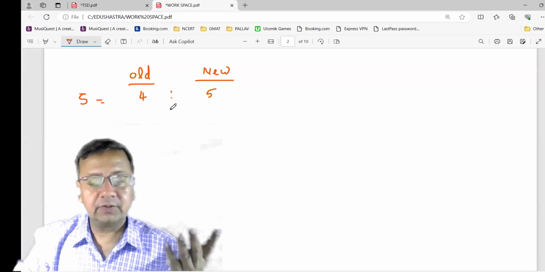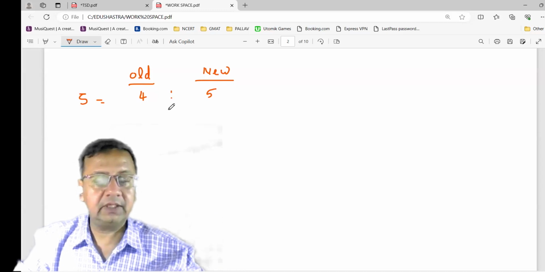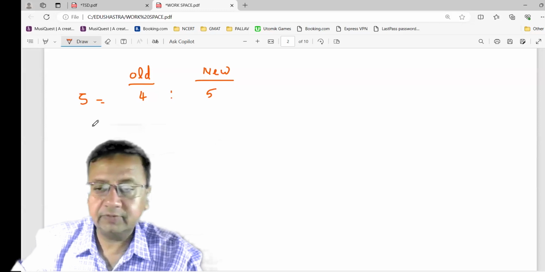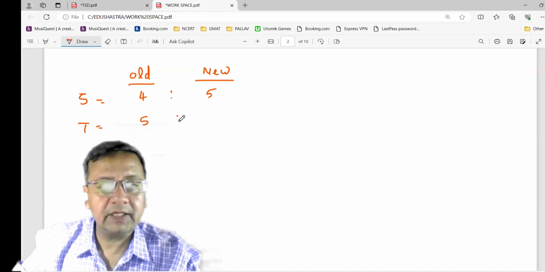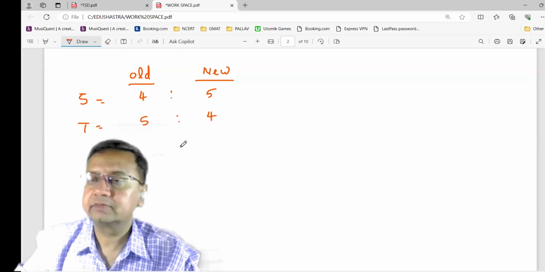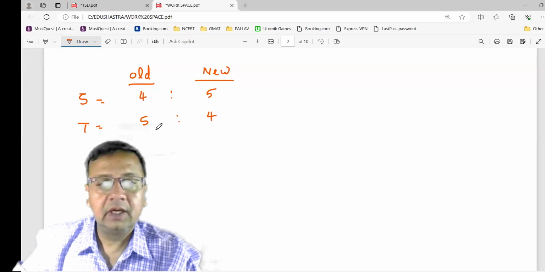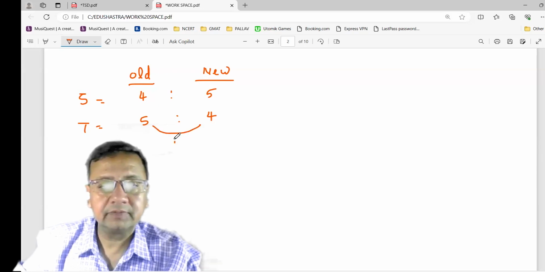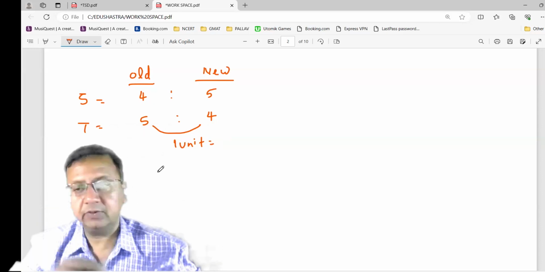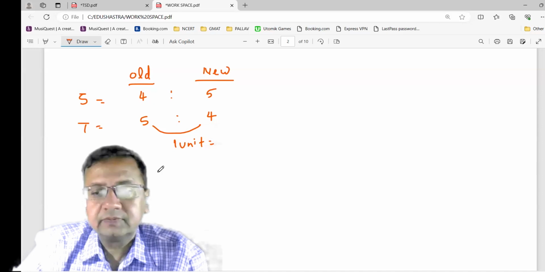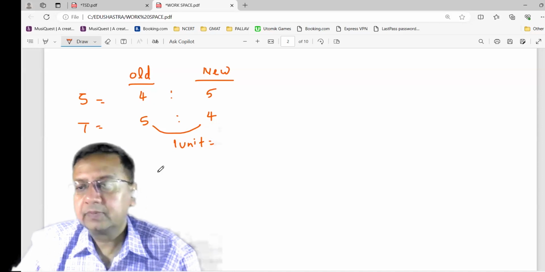So if the distance is constant and ratio of speed is 4 to 5, so the time is in inverse proportion and the time is 5 is to 4. 1 unit of gap. Right. So now can you tell me how much this 1 unit is equal to?